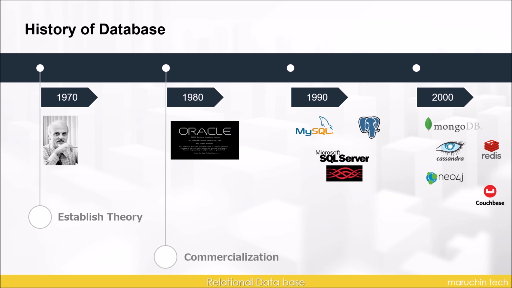And in the 80s, commercialization progressed and Oracle began releasing a commercial database. Additionally, SQL became widespread as the standard query language. In the 1990s, online transactional databases became common as the internet gained popularity, and in the 2000s, the demand for more flexible databases increased, leading to the emergence of NoSQL databases.